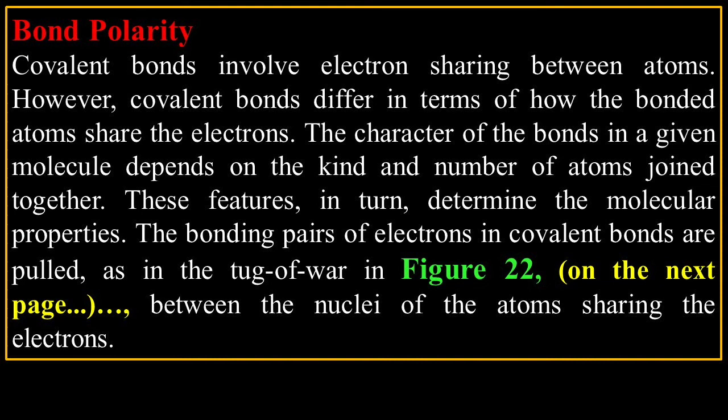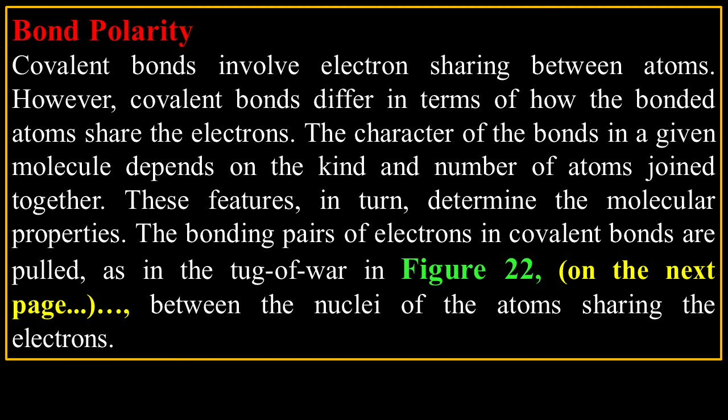Bond polarity. Covalent bonds involve electron sharing between atoms. However, covalent bonds differ in terms of how the bonded atoms share the electrons. The character of the bonds in a given molecule depends on the kind and number of atoms joined together.